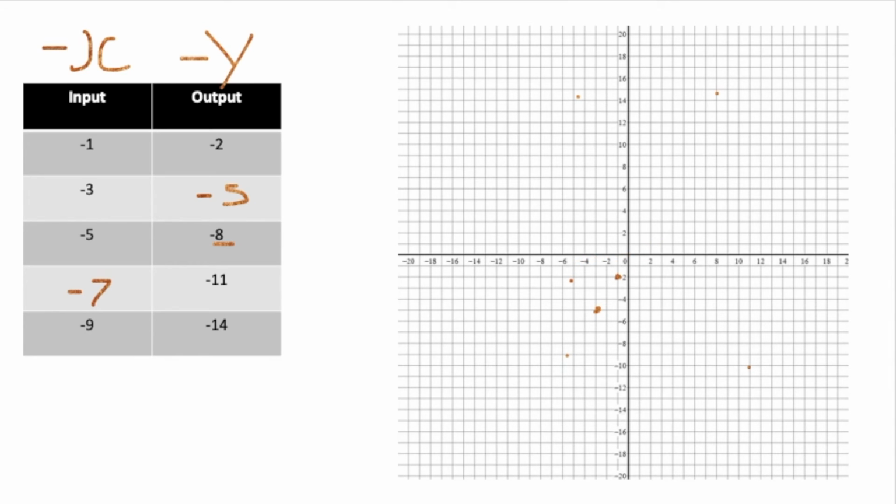So -5 and down, where's -5? I lost my line, to -8 right there. And -7, so over 2, 1, 2, and down to -11. Where am I here? There we go.